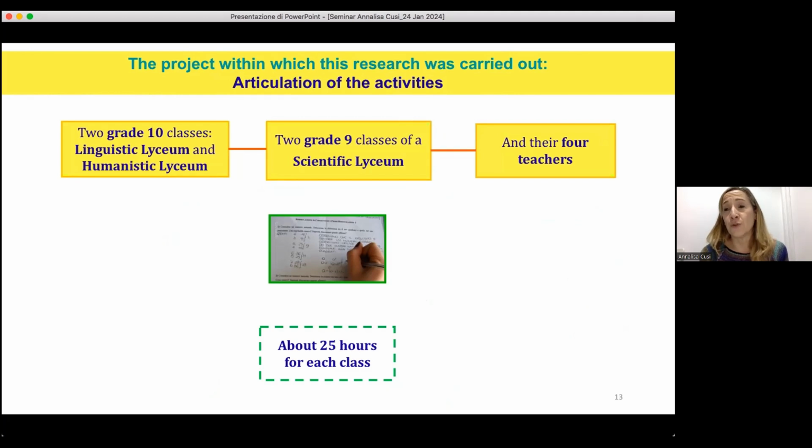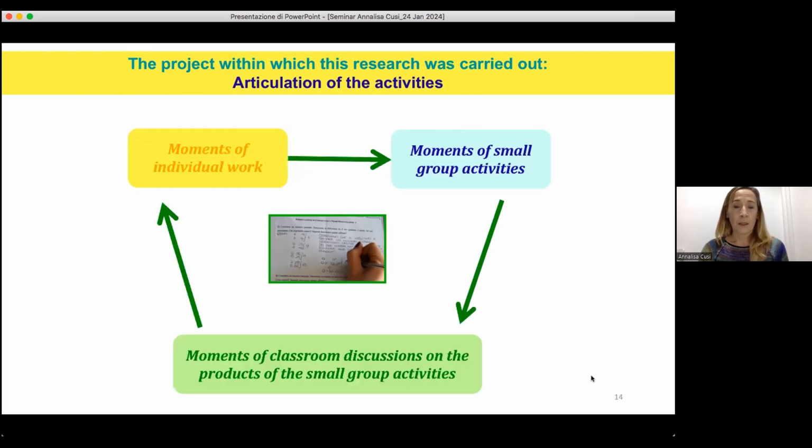And in tune with Research for Innovation, the 4 teachers were also involved in the teaching experiments. Each class worked for about 25 hours. As for the methodologies, students worked individually only at the beginning and at the end of the path.